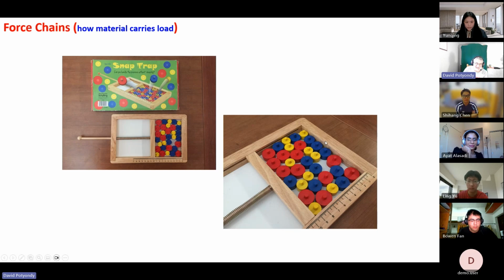This is very well approximated by a PFC2D model of discs, right? And the game is, it's your turn, Ayat. You must choose one of these, and then you see these little things stick out. So then you take your fingers and you very rapidly pull it out. And if you're lucky, it just readjusts a little bit and you're good. If you're not lucky, the whole thing will blow up, as you see here.